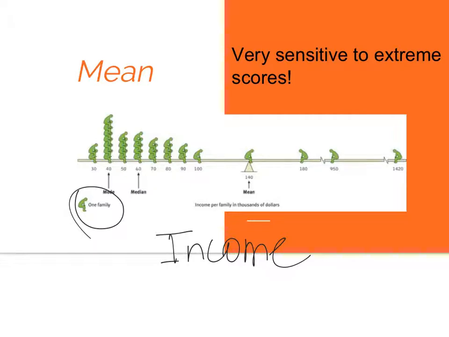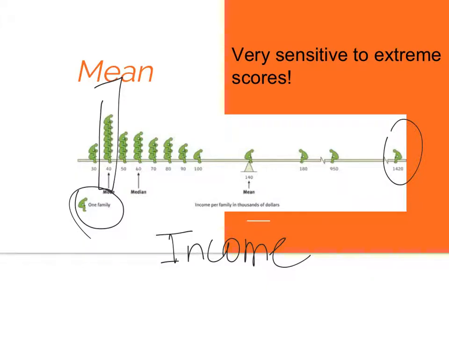Let's say in a particular place they wanted to measure income based on household. The most common one would be this one, and the mean income per family is in thousands of dollars. That means that most people earn or reported to earn $40,000.